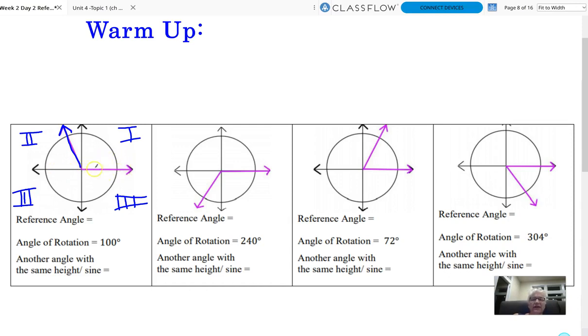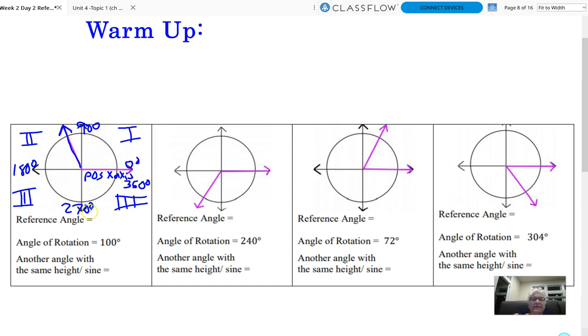So I'm always starting at this pink part of the positive x-axis, where it's 0 degrees, 90 degrees when I rotate a quarter, 180 degrees when I go halfway around, 270 degrees, and if I go back to the beginning, it's 360 degrees.